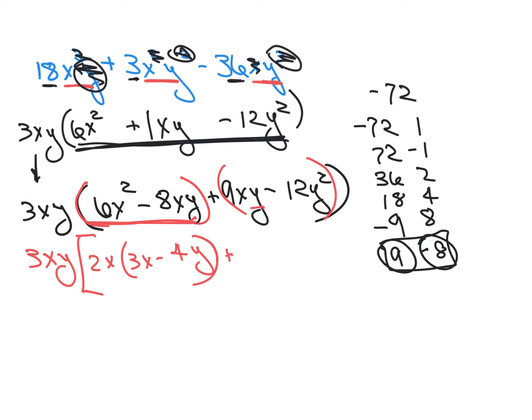Now I'm going to pull out a 3 here, because a 3 is common to the 9 and 12. I'm also going to pull out a y, because a y is common to here and here. That's going to leave me with a 3x minus 4y.